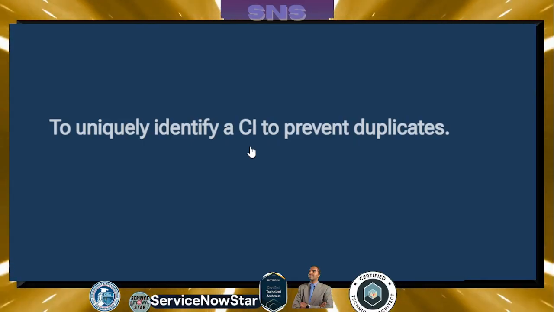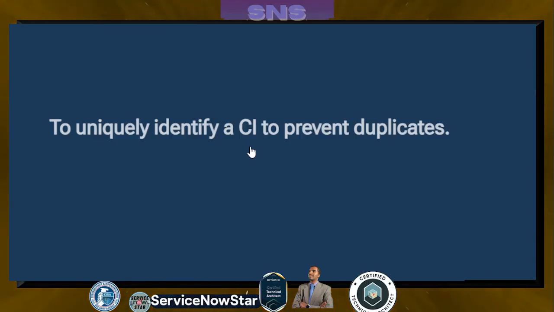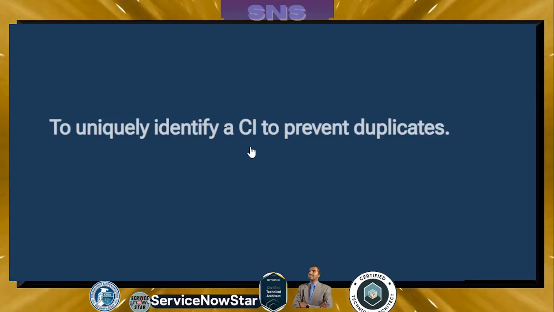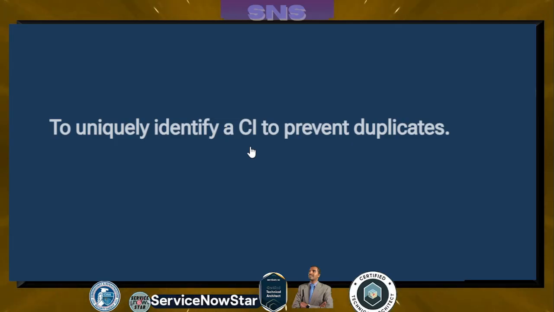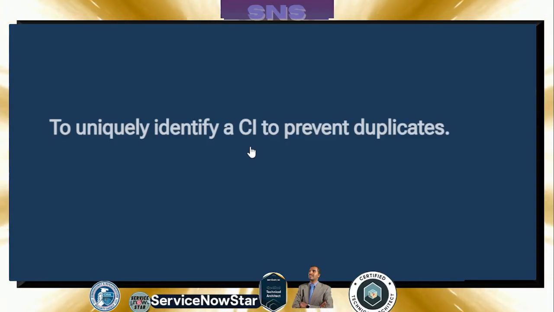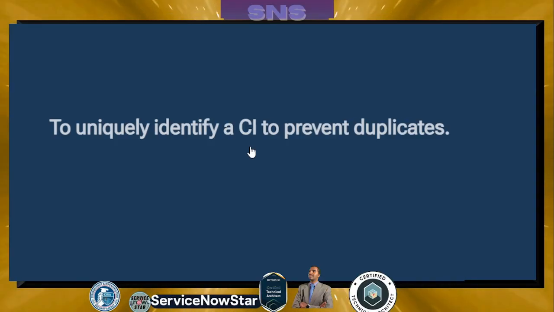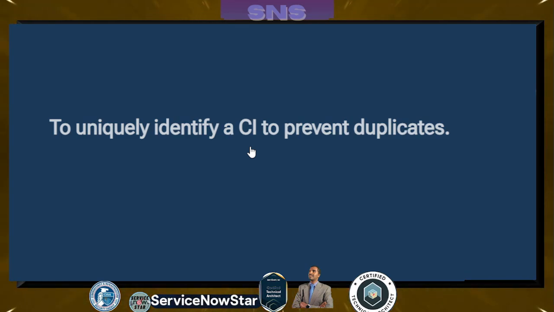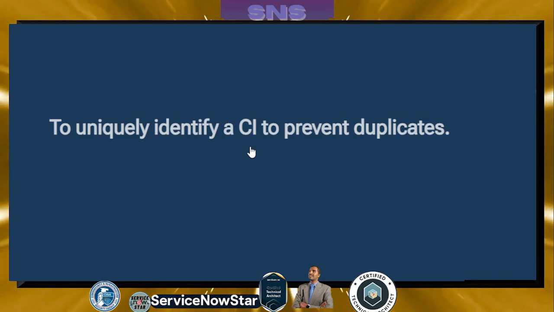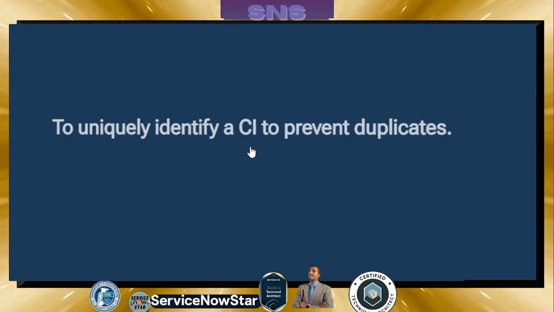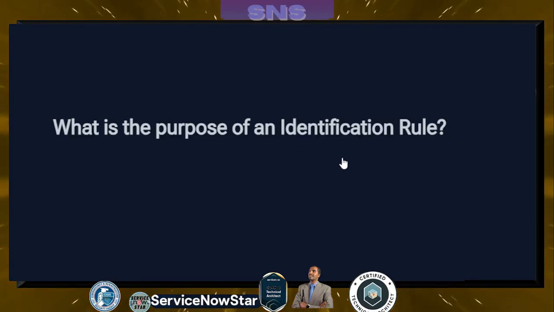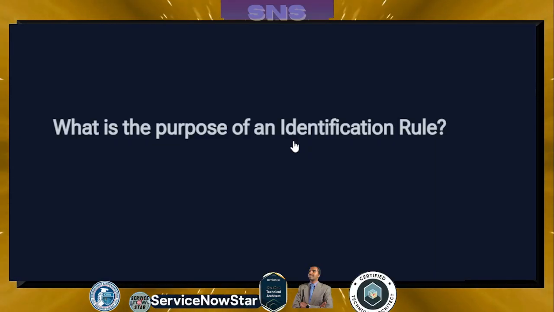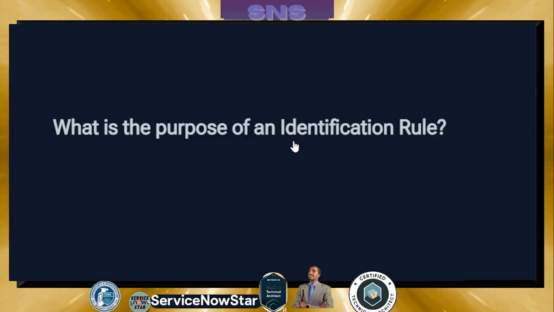If you have duplicates, it's very difficult: for example, with a vulnerability, which CI are you going to tie it to if you have multiple CIs? So you have to clean those duplicates. You set up identification rules so that you can prevent duplication.